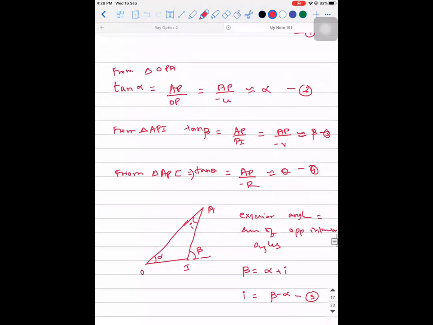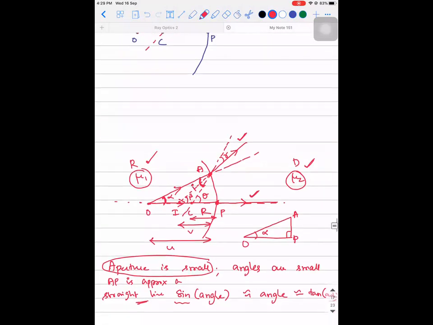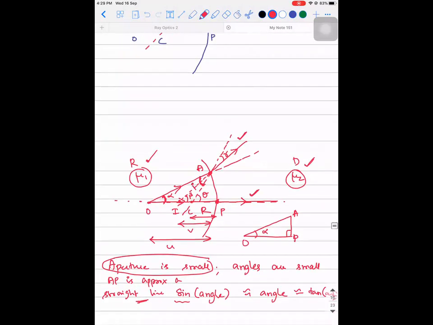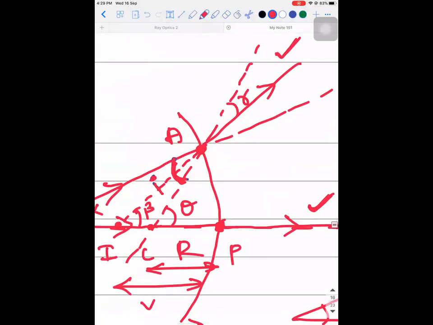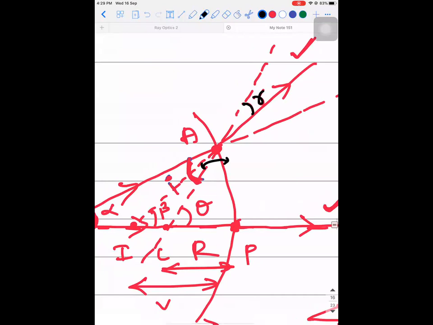So beta is equal to alpha plus i, which gives i equal to beta minus alpha. Let me take this as equation number 5. Now tell me what is r similarly. For me to involve r, I'm taking this angle as r. Then how much will this angle be? r, since they are vertically opposite angles. So for me to involve r, beta, and theta, what is the triangle I need to consider?